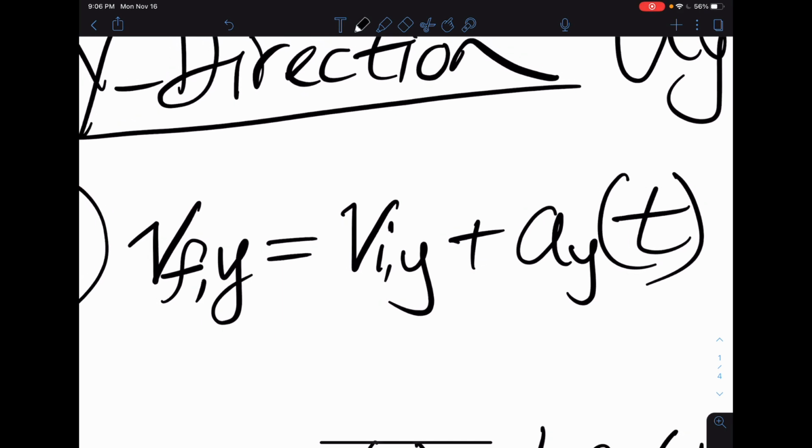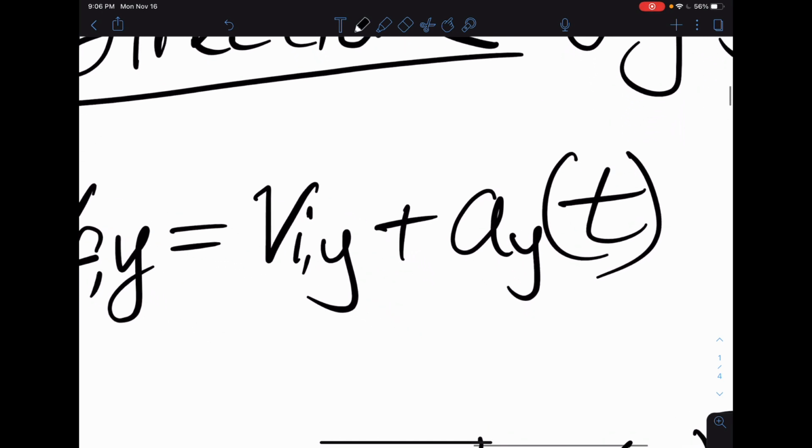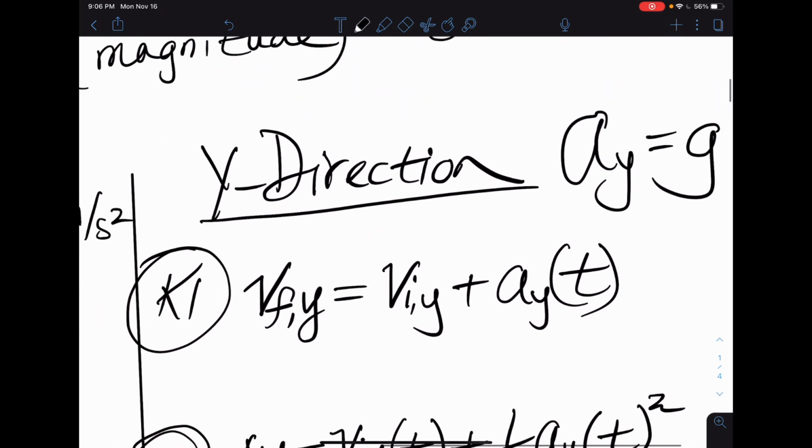So notice what we're doing here. That T becomes the value based on where we picked final and initial. It becomes the time period between the two. And that's important to see. So this is going to be T top, not T total for this equation.